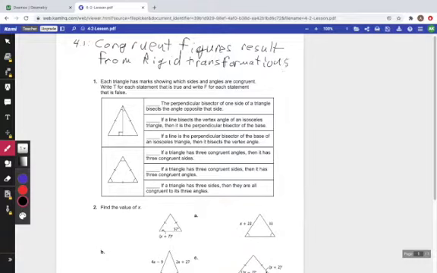In fact, that's it. That's the big thing that we need from section 4.1.